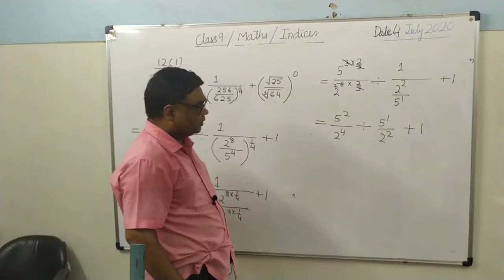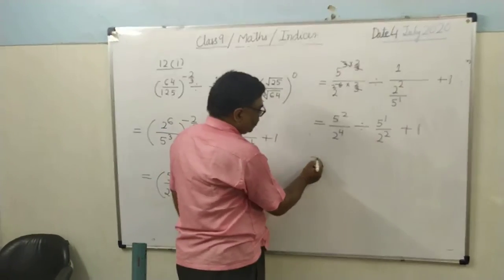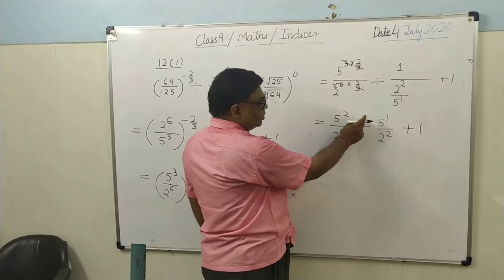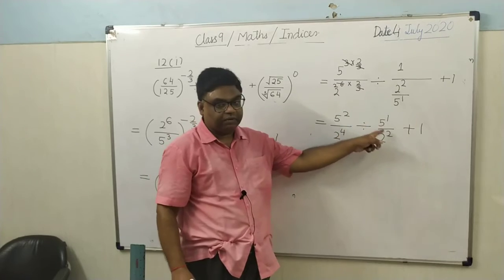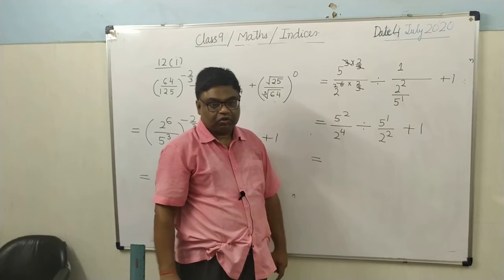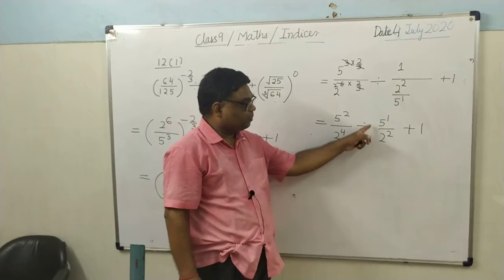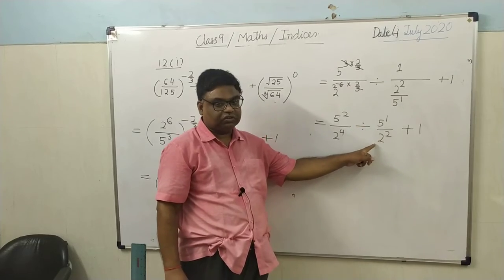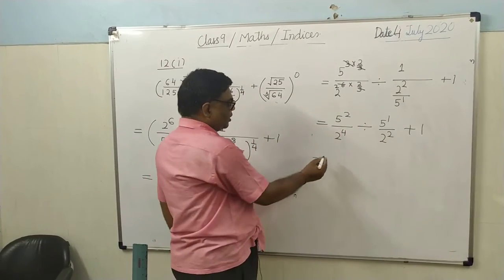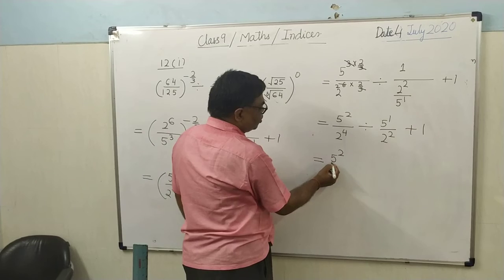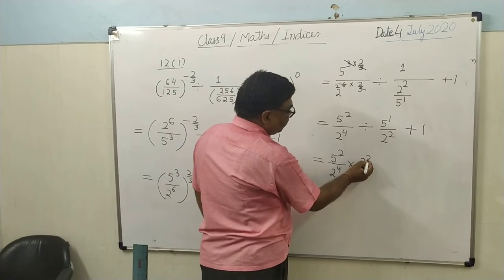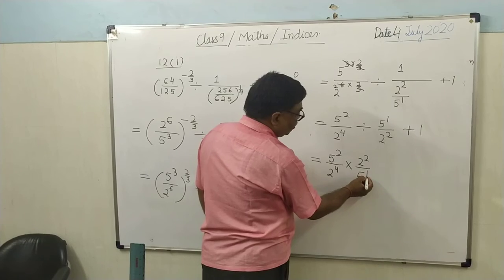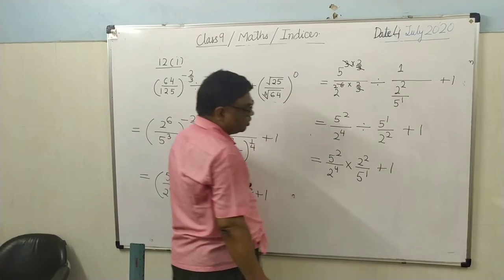It is clear? Now you can see further, how will you simplify this? Fraction divided by fraction. So what do we do? We change this into multiplication and invert this. That is 5 to the power 2, 2 to the power 4 into 2 to the power 2 upon 5 to the power 1, plus 1.